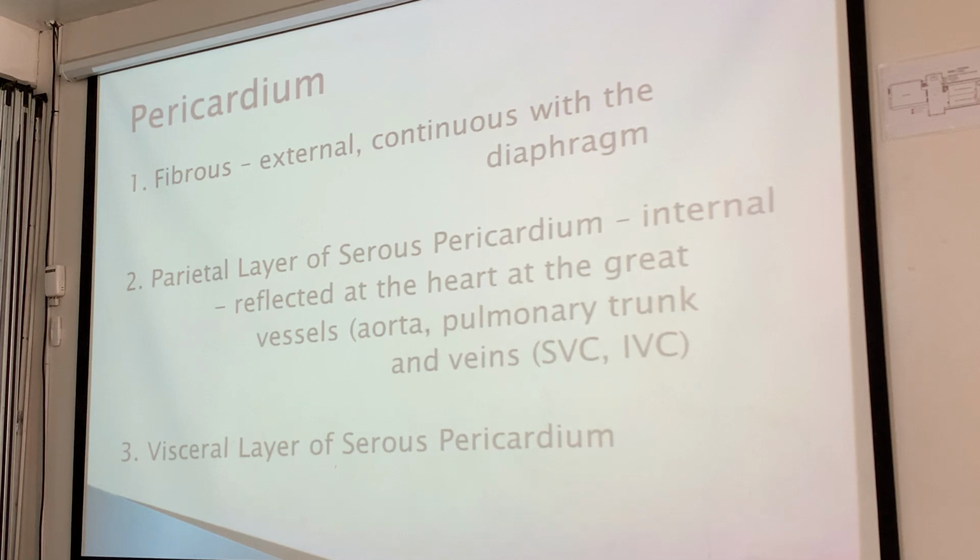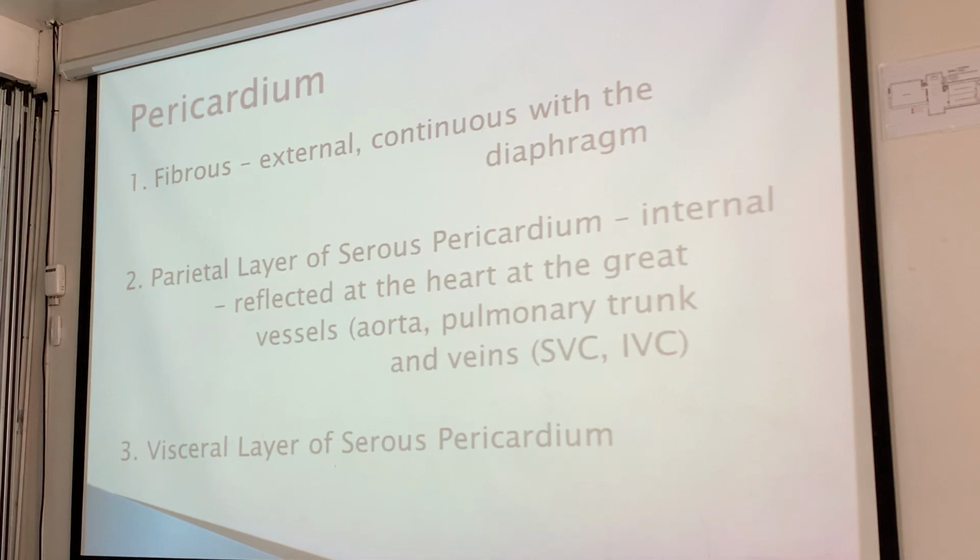Now take note that when you say continuous with the diaphragm or the central tendon, you cannot easily separate it. It is attached. You can see a demarcation, but it's not easy to remove, because once you remove that particular connection of the fibrous to the central tendon, you will also rip open the other big vessels and other structures that pass through it.